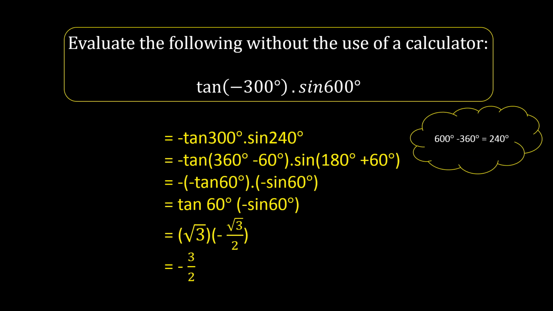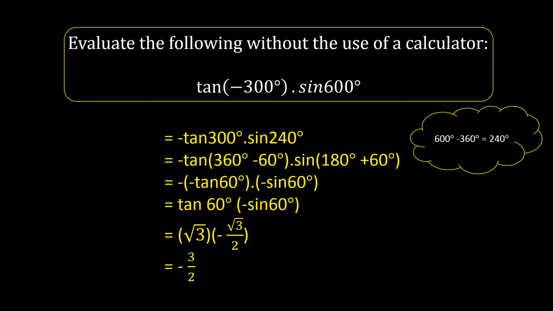Then we use the reduction formulae. 300 is 360 minus 60, and 240 is 180 plus 60. Tan of 360 minus 60 is minus tan 60. Remember that, fourth quadrant. Sine of 180 plus 60, in the third quadrant, will be minus sine 60. Then we simplify using the special angle values.